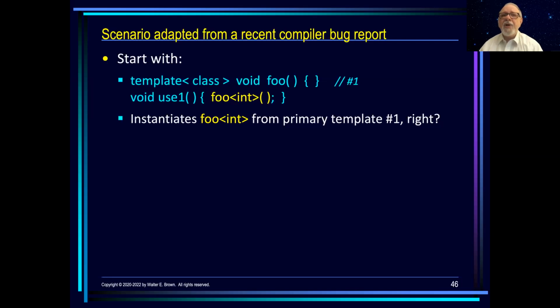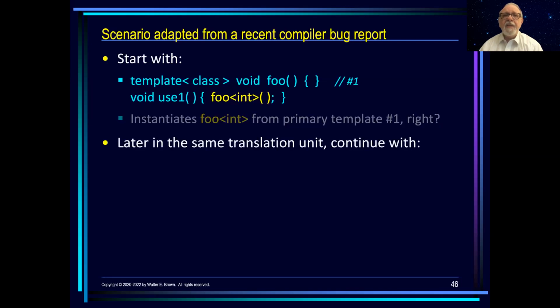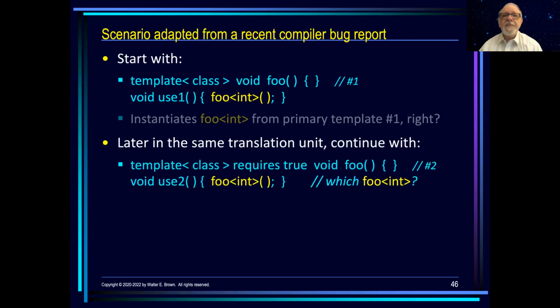Now, let's keep going. In the same translation unit, I declare another function template, which I've labeled number 2. The only difference is I've put in a requires clause. Fairly trivial one, but nonetheless, it's a requires clause.